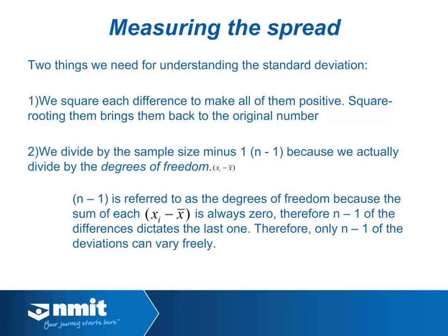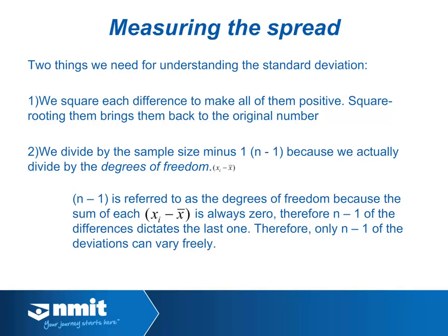If a data point is lower than the mean, that means if you subtract the mean from it, it will be negative. So we want them all to be positive, so we just square them. By square rooting them after that, that brings them all back to the original number, but they have all the same magnitude. So this is a way to make the standard deviation only positive.